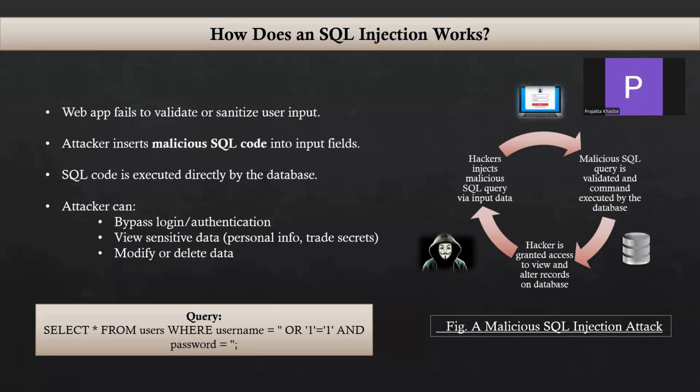The hacker types the SQL query SELECT * FROM users WHERE username = '' OR 1=1 and password. That query is validated and the command executed by the database. Hence, the hacker is granted access to view and alter records in the database. This is how a SQL injection attack works.